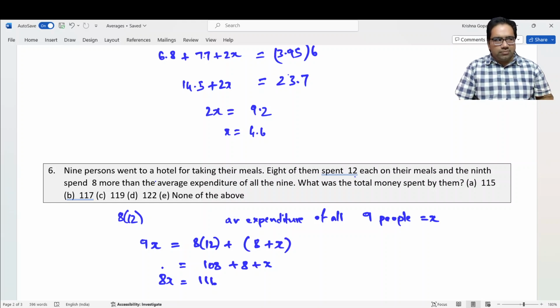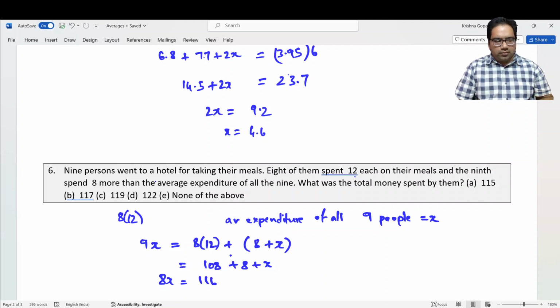14.5. What is the total money spent by them? X equal to 14.5.